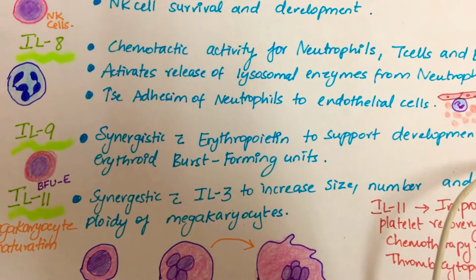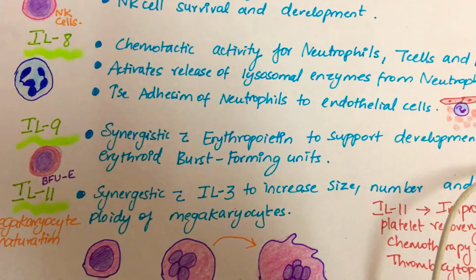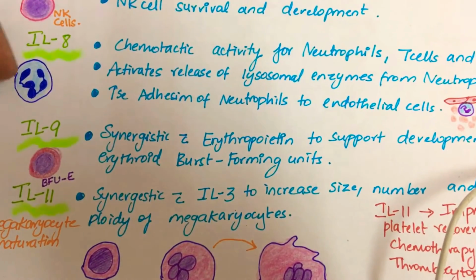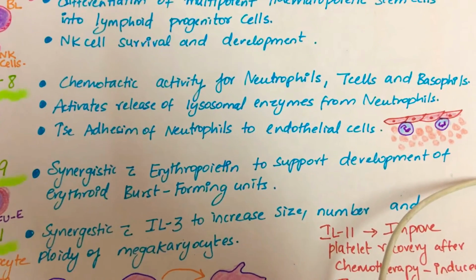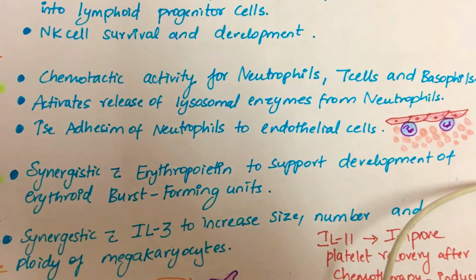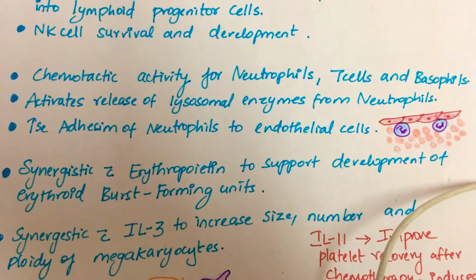Coming to interleukin 8, it's dedicated to the neutrophil, that's why I have drawn this. It is going to enhance the chemotactic activity of neutrophil and T cell and basophil.